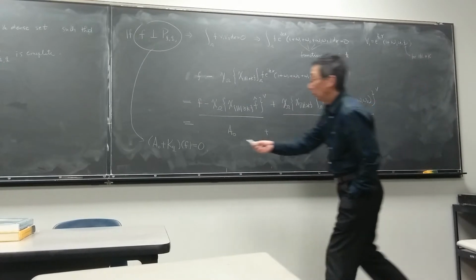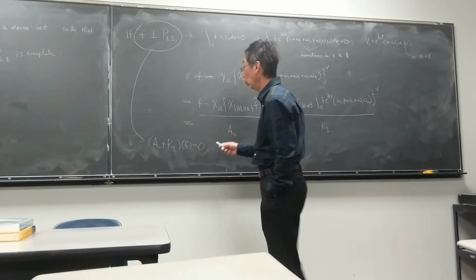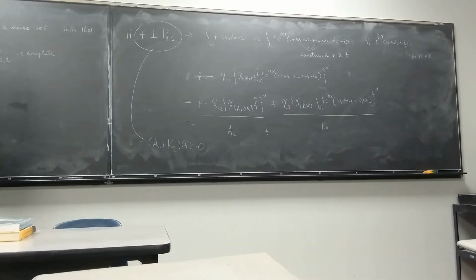And now the first thing we're going to show is that actually A naught, from L2 omega to L2 omega, this map is an isomorphism. I mean, this one is going to have an inverse. Okay. Why is there an inverse?